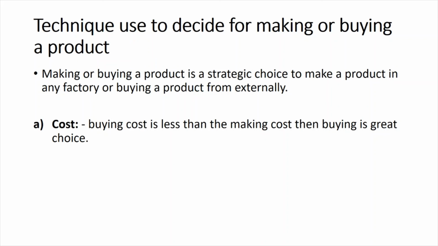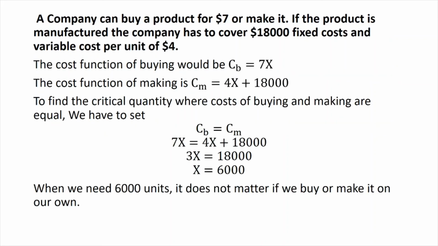Taking an example, we can simplify this. A company can buy a product for $7 or make it. If the product is manufactured, the company has $18,000 fixed cost and a variable cost per unit of $4. So the cost function of buying would be 7x, and the cost function of making is 4x plus 18,000.